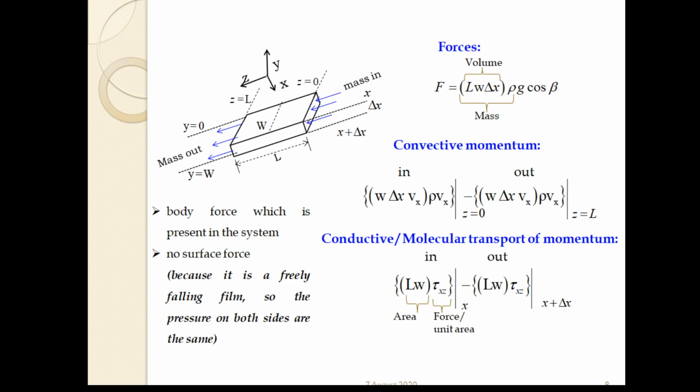By simplifying the governing equation, cancelling the convective term and the L into W term, and dividing both sides by del x and taking the limit as del x tends to 0, we get the limit of tau xz at x plus del x minus tau xz at x, divided by del x, as del x tends to 0, equals rho g cos beta.